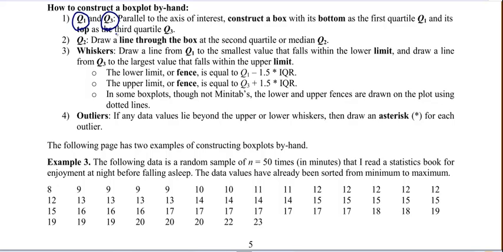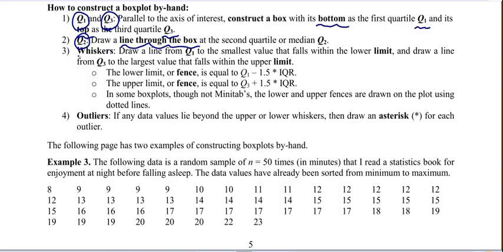So we make a box with a line at Q1 at the bottom and a line at Q3 at the top. The median, Q2, we indicate by a line through the box at position Q2, and this line is parallel to Q1 and Q3.